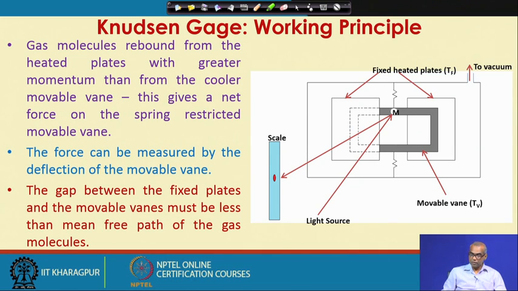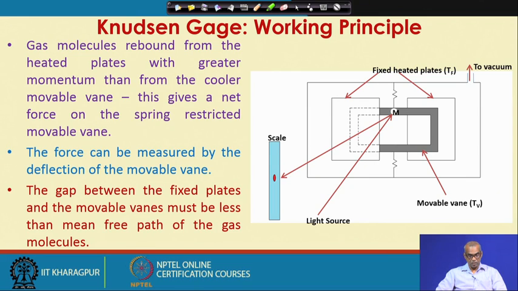So, the gap between the two fixed plates and the movable vane must be very small, and this should be smaller than the mean free path of the gas molecules.